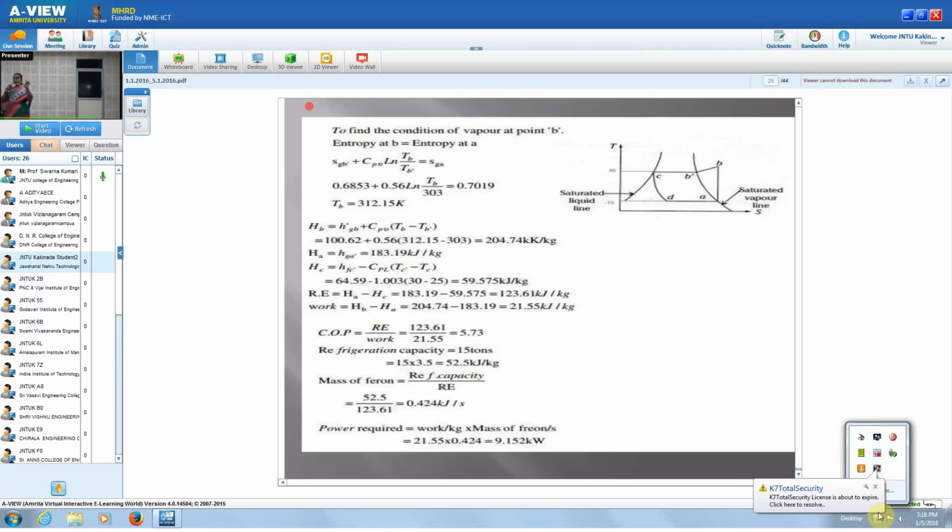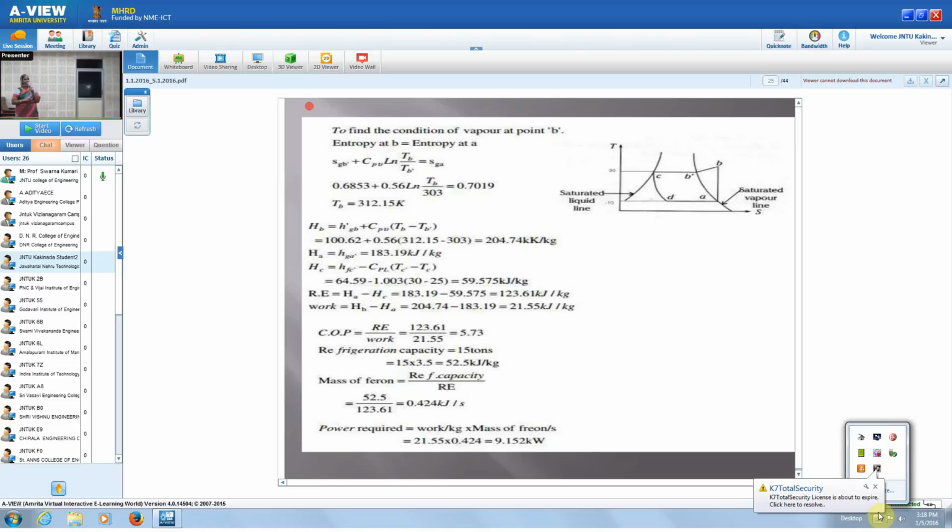Hc dash you already know at 30 degrees centigrade, the liquid enthalpy, and the subcooled heat should be removed to get Hc. So 64.59 minus Cp of liquid 1.003 into 30 minus 25. That directly gives the Hc value.